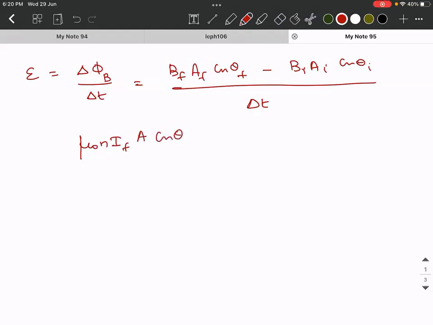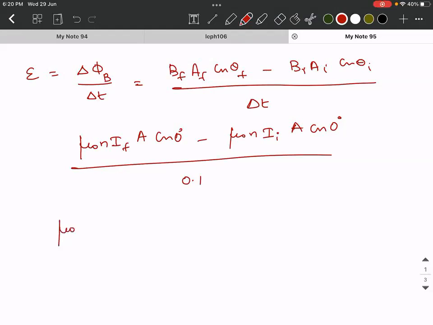Cos of theta is theta only, that is 0 degrees, minus mu naught into small n into I initial into area into cos of the same 0 degrees, divided by the time, which is 0.1 seconds. So if I take out mu naught into n into A outside, it is mu naught into n into A divided by 0.1, into I final minus I initial.